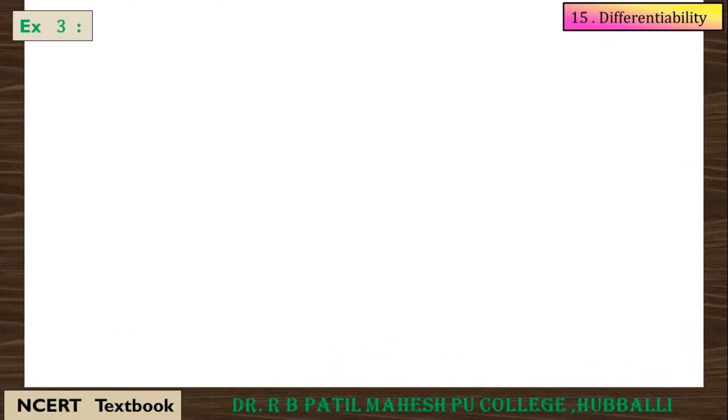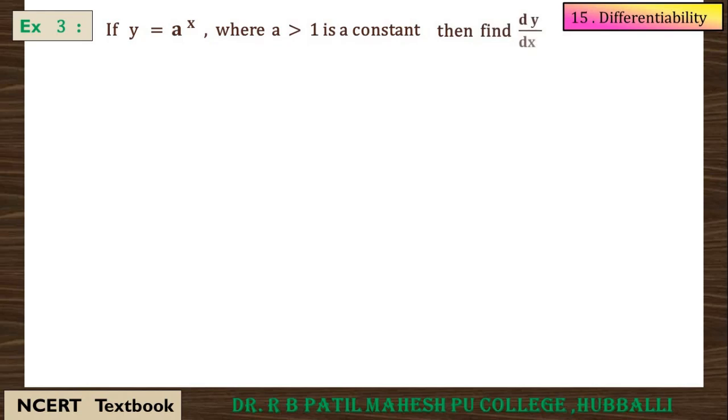Next example: if y is equal to a raised to x, where a is greater than 1 and is a constant, then find dy by dx. Students, this is an exponential function where a is a general term. It is not a particular number, it is general. First I find the derivative of a raised to x, taking a as general.